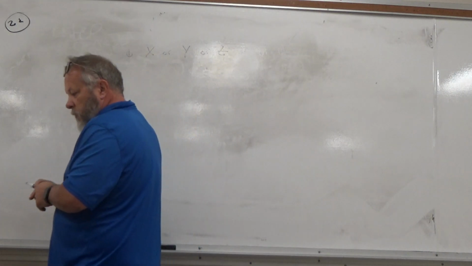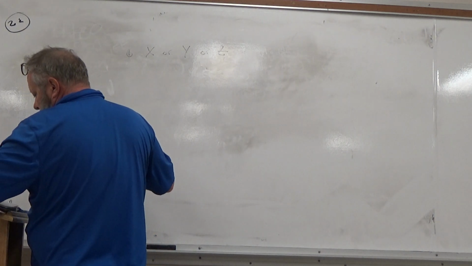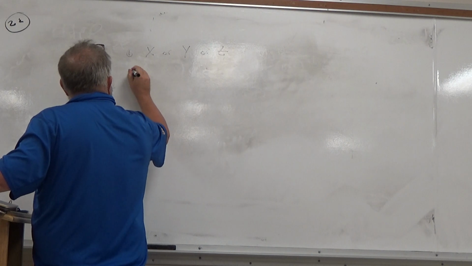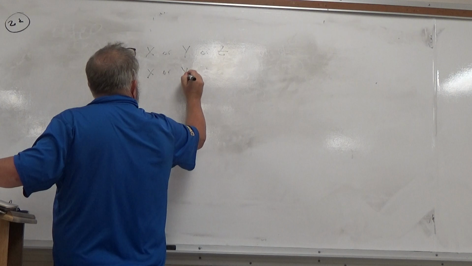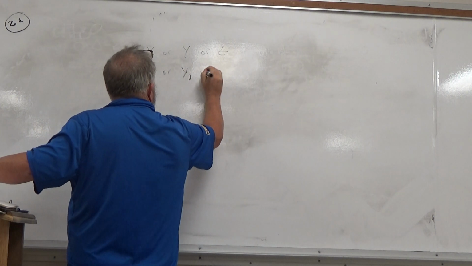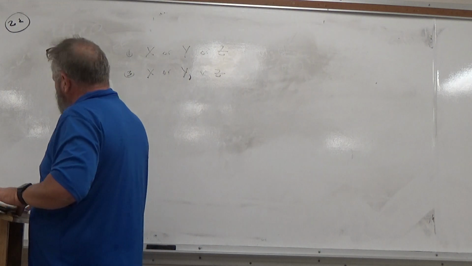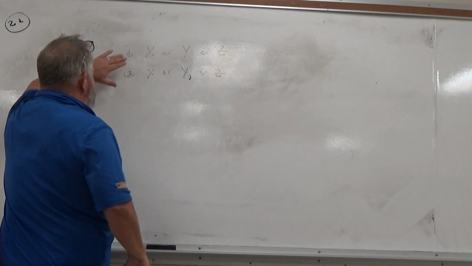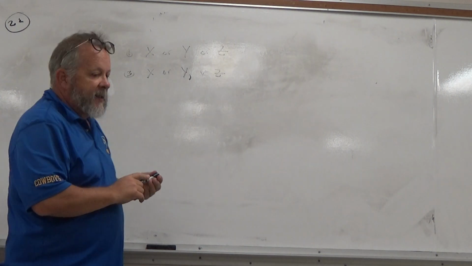So number 3, I'm going to switch pens here, X or Y, comma, or Z. Looks the same as what we have above, which we said is logically ambiguous unless we introduce parentheses.